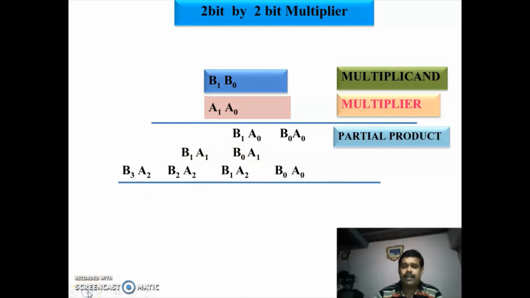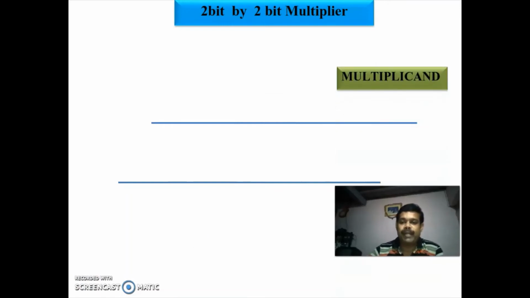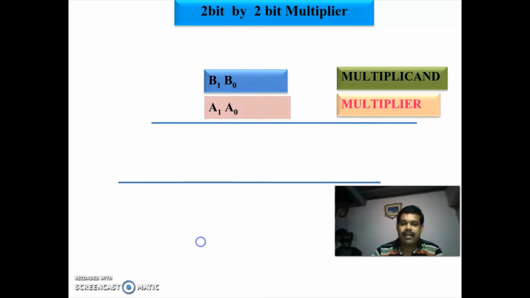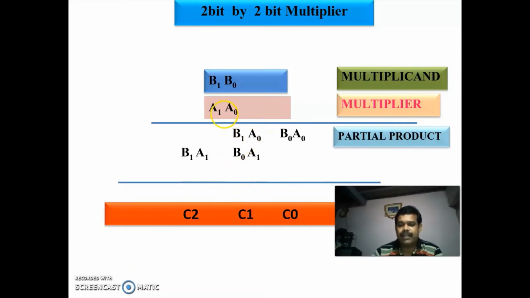So for the 2-bit by 2-bit multiplier, the multiplicand is B0 B1 and the multiplier is A0 A1. We get the first partial product and the second partial product. Then we add the partial products and write the result.